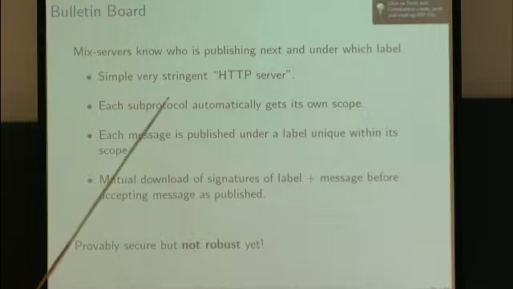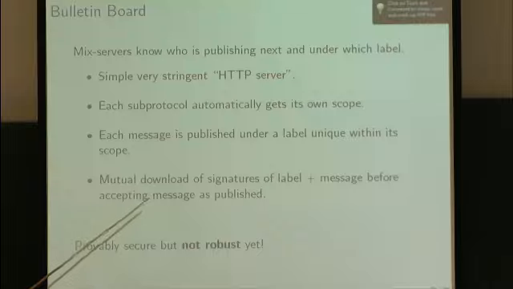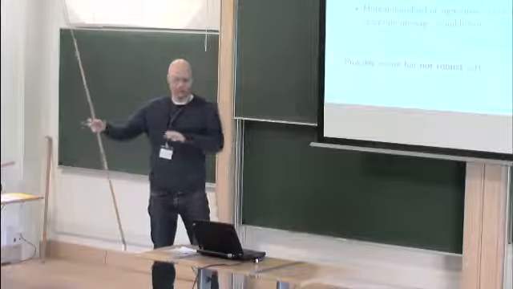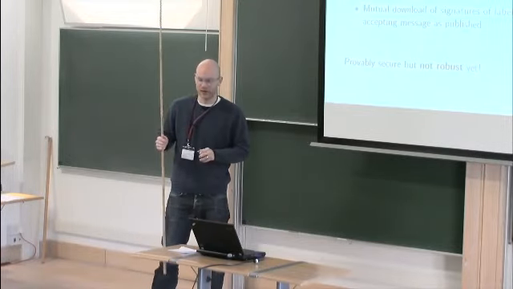Yeah, so we need a bulletin board, and this is one component of this implementation that is not really done. It is done in a good way in the sense that it's provably secure, but it's bad in the sense that it's not robust. So all the rest of the code is threshold and everything is neat and tidy, but this part is really simplistic. If I want to publish something, I put it on my web server, which is a very stringent, conservative web server, you could say.